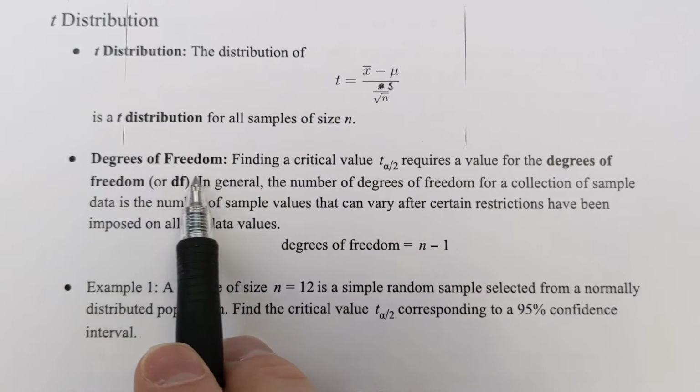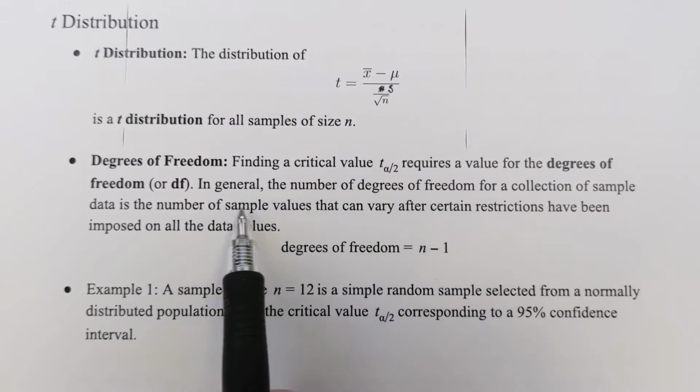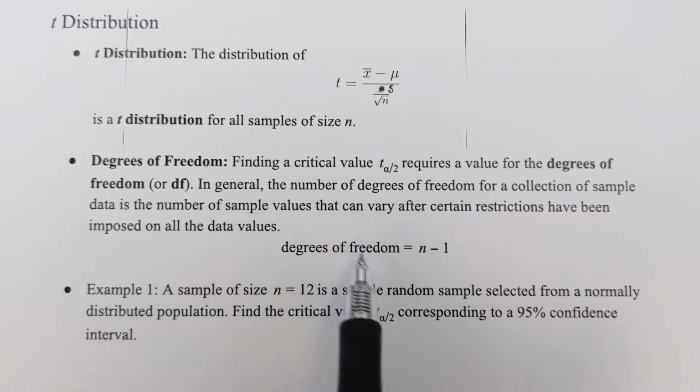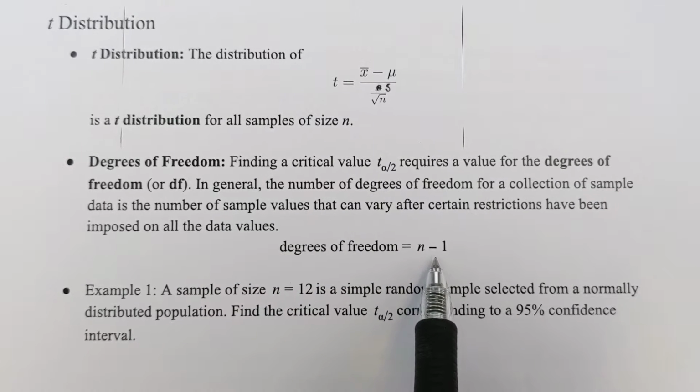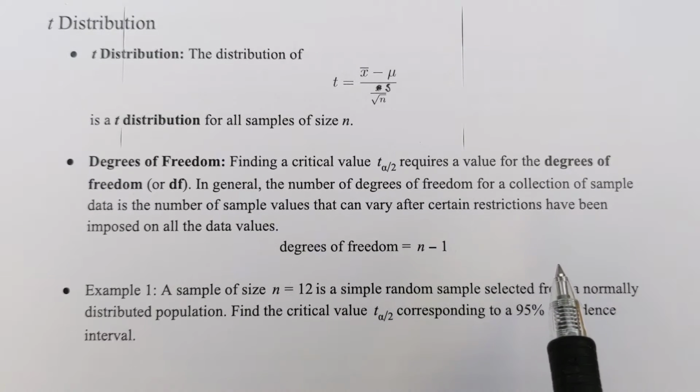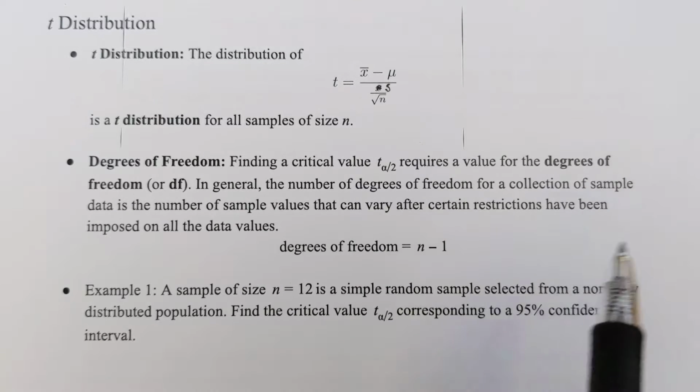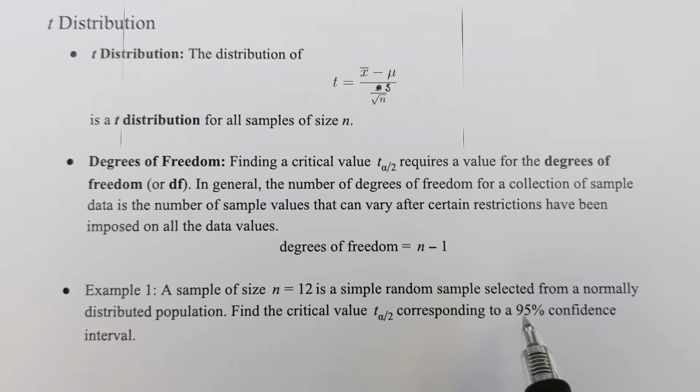So down here it talks about the degrees of freedom. Degrees of freedom is always one less than the number of measurements you make. Essentially, we talked about this a long time ago: if you have a random set of test scores and you want your average to come out to be a certain specific value, say you have 10 test scores, you can randomly assign 9 of those test scores to be whatever you want.